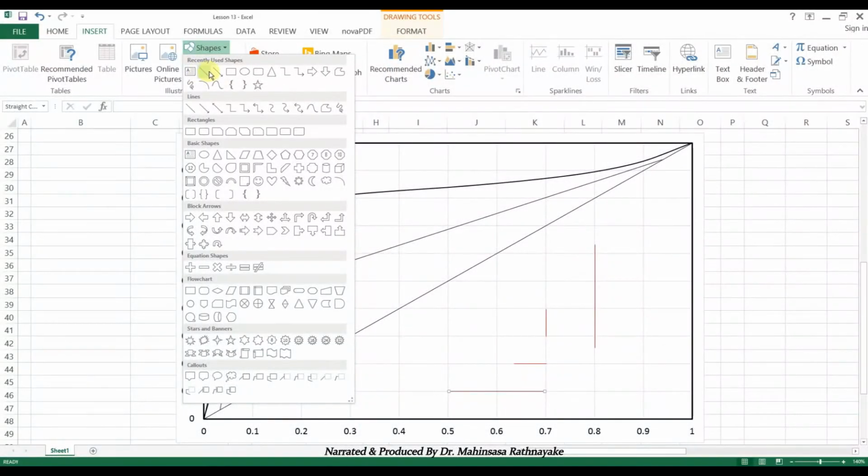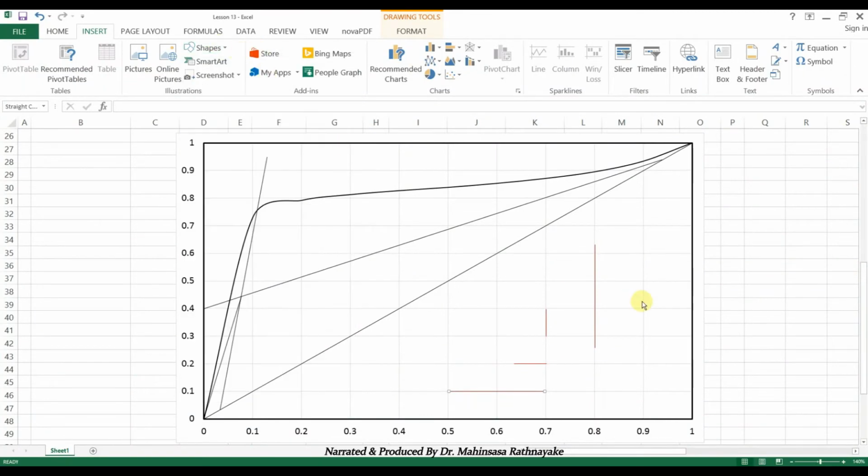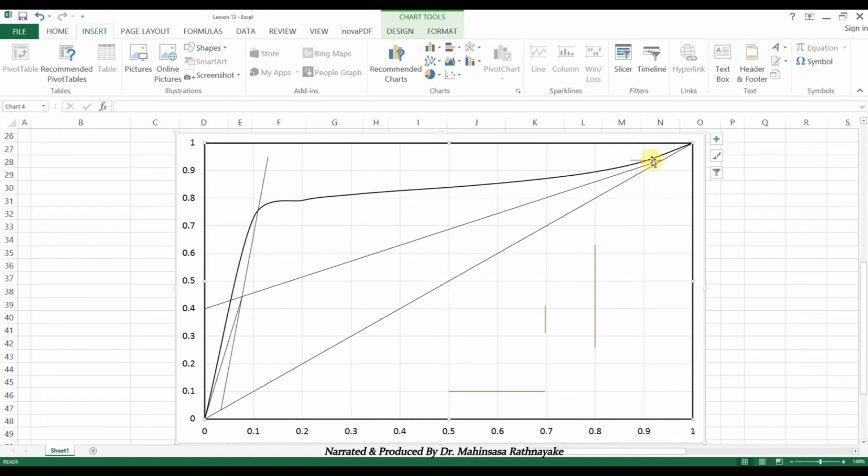We can use the straight lines in the shapes in Excel software, and we can draw the horizontal and vertical stepping off lines by intersecting the equilibrium curve, as you can see. Let's start the stepping off by starting at XD. Let's draw the lines one by one.